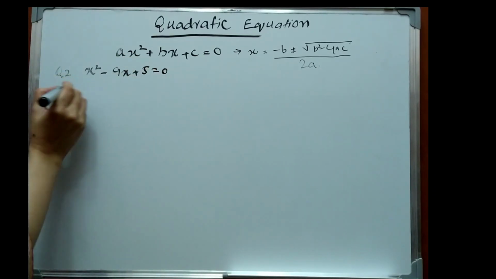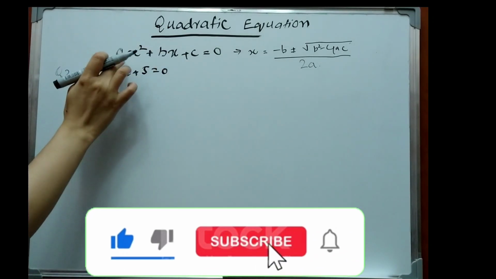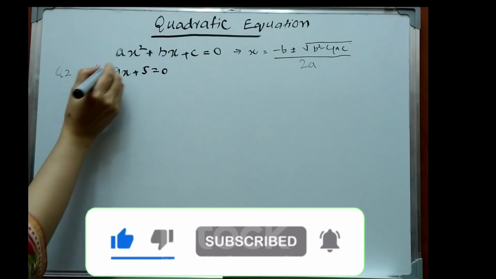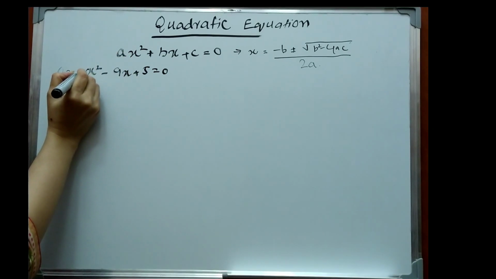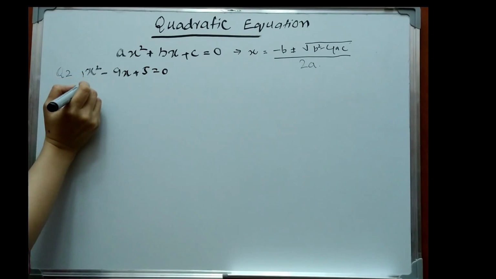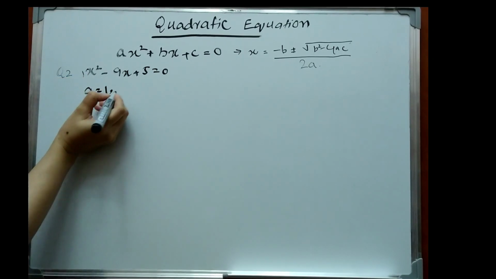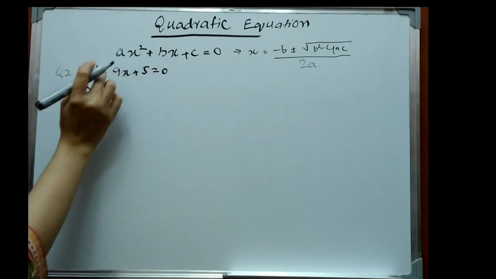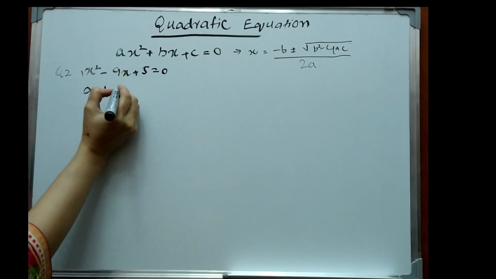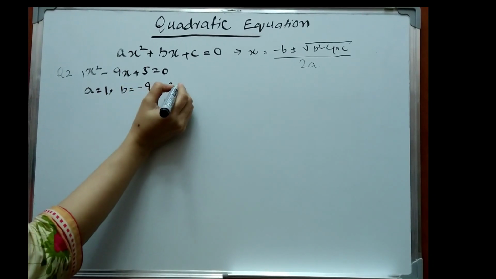Again we compare this equation with the general equation of the quadratic, where a equals 1, because when there is no value with a variable, it is 1. So a equals 1, b equals minus 9, and c equals 5.